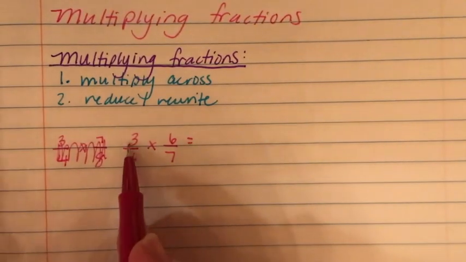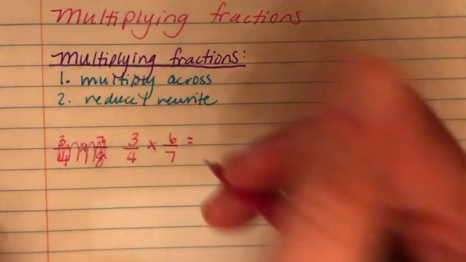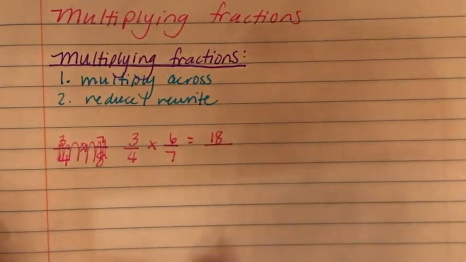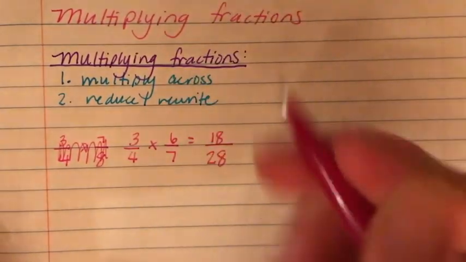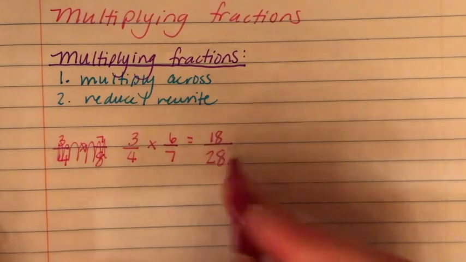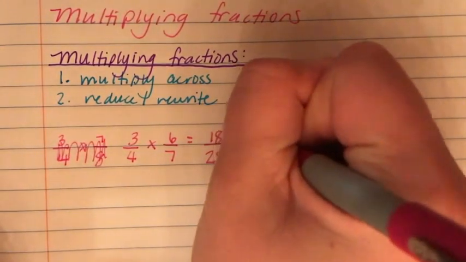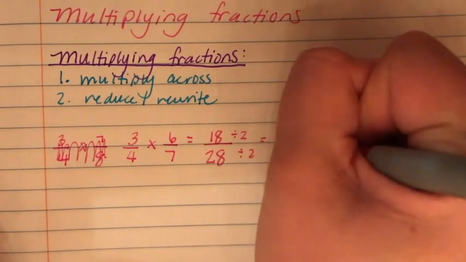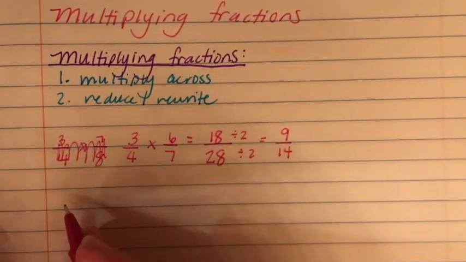Okay, so again, I multiply across. I'm going to do 3 times 6 is 18. 4 times 7 is 28. I can see that 2 is a factor of both of these since they're both even. And I get 9/14.